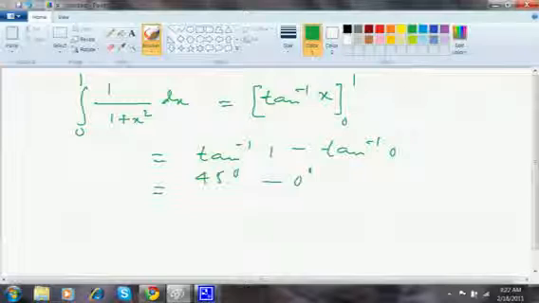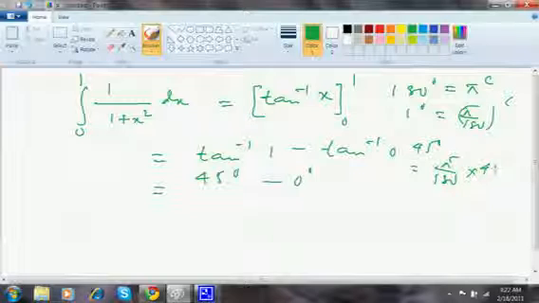In higher classes, we do not bother with angles in degrees. We use 180 degrees as pi radian. The symbol is to the power c. So 1 degree is pi by 180 radian. 45 degrees will be pi by 180 into 45.